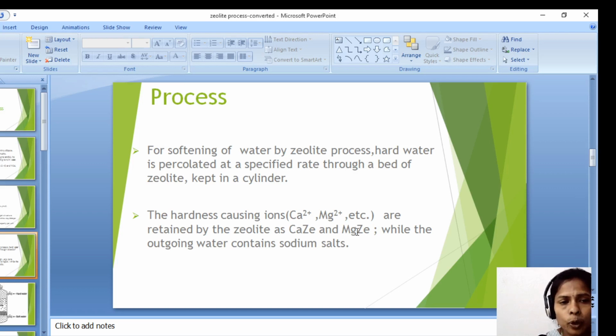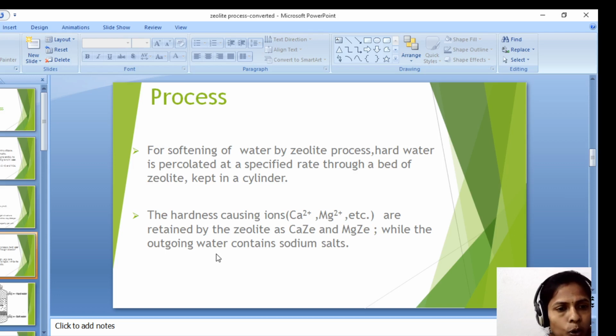When sodium is replaced with calcium, we get calcium zeolite in place of sodium zeolite, and also magnesium zeolite. So the sodium zeolite is gradually converted to calcium zeolite and magnesium zeolite.